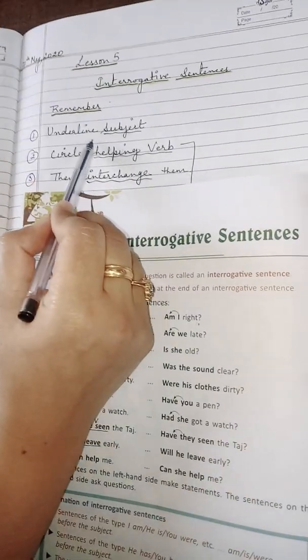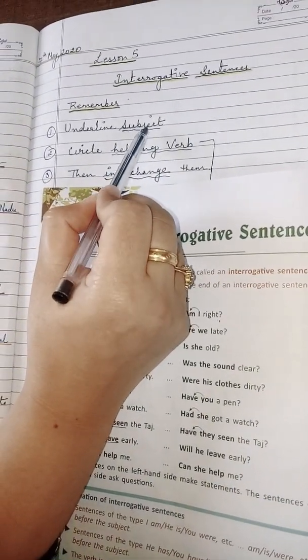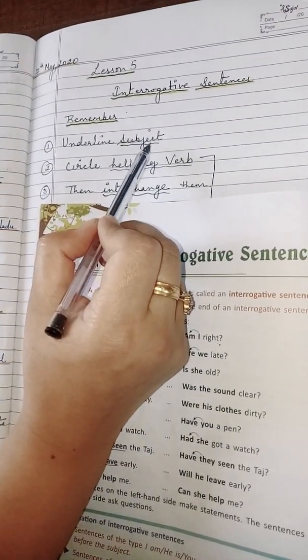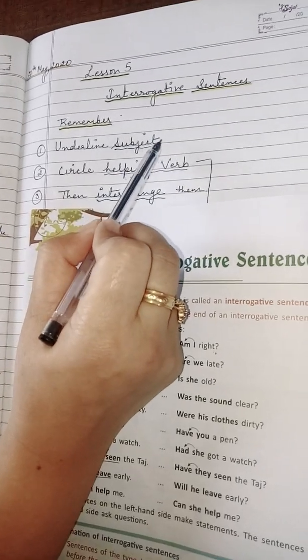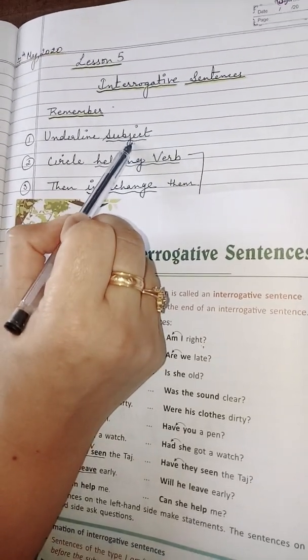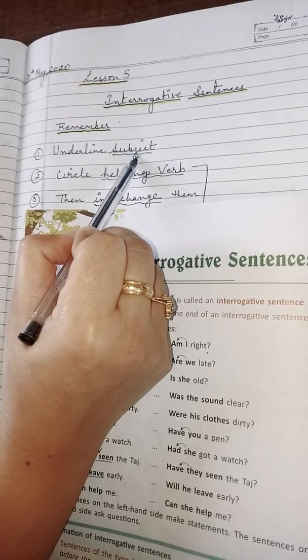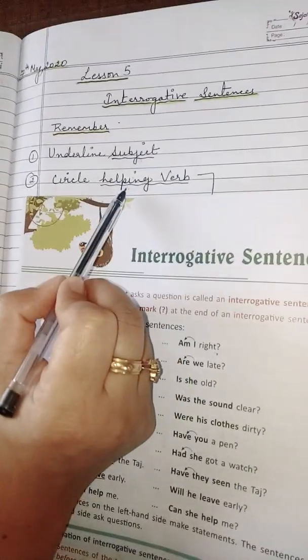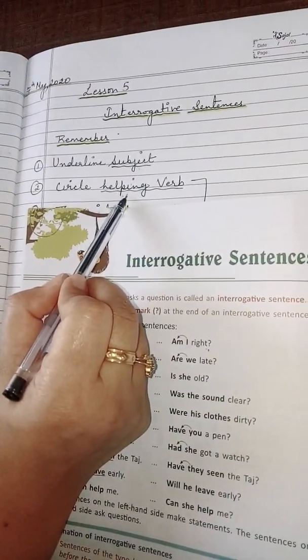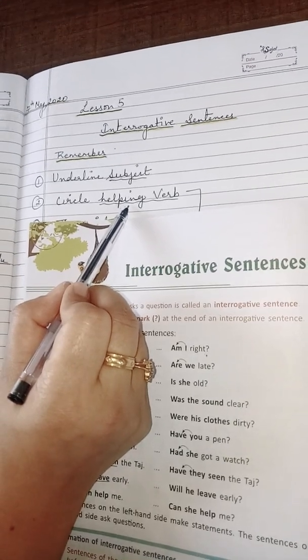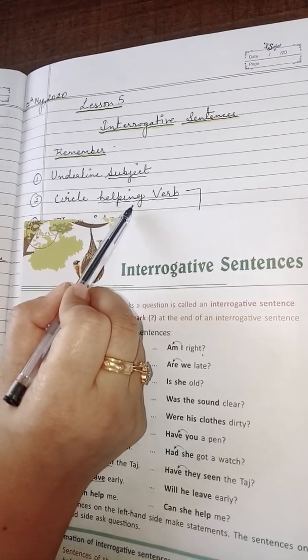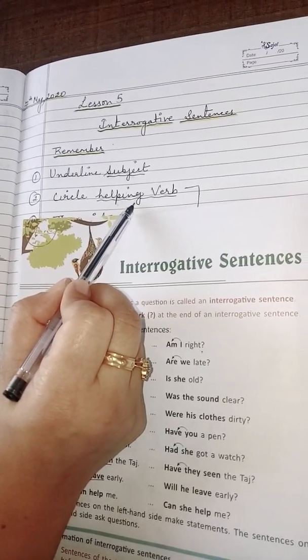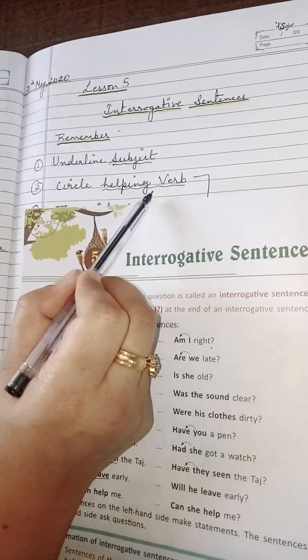Alright, now subject. What is a subject? Who is doing the action or whom are we talking about is a subject. Helping verb. Children, in the last video I have explained to you what helping verbs are. Again I'll repeat.